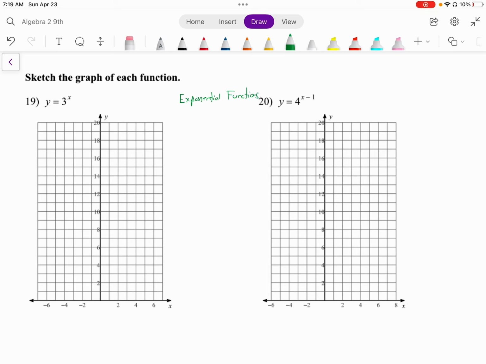We're going to graph 3 points. Those 3 points are 0, 1, 1 and whatever the base is, and then -1, the reciprocal of the base.